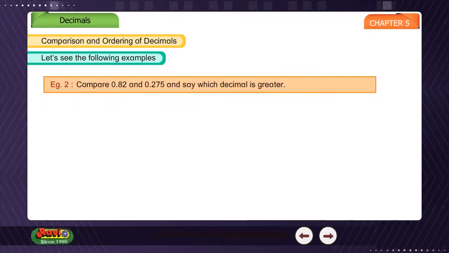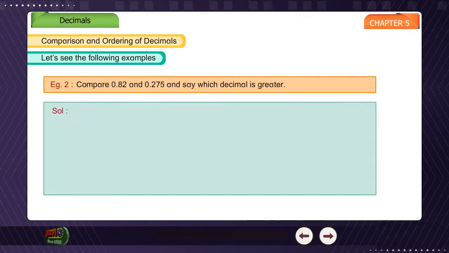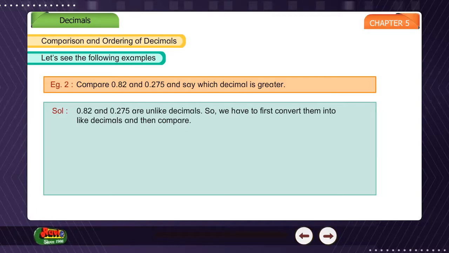Example 2. Compare 0.82 and 0.275 and say which decimal is greater. Solution: 0.82 and 0.275 are unlike decimals.